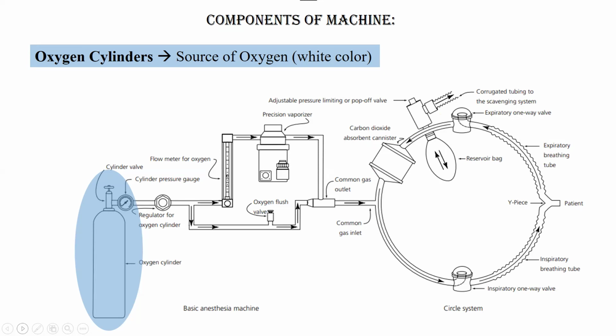So it is preferable to read the label on the cylinders rather than just relying on their colors. Each gas has a different color, like oxygen is white, and nitrogen, carbon dioxide, all those gases have different colors. But still, you should not rely on the color only, read the label also.